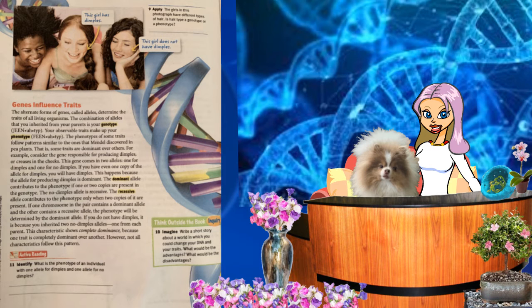For example, consider the gene responsible for producing dimples, or those cute little creases in cheeks. This gene comes in two alleles, one for dimples and one for no dimples. If you have even one copy of the allele for dimples, you will have dimples.